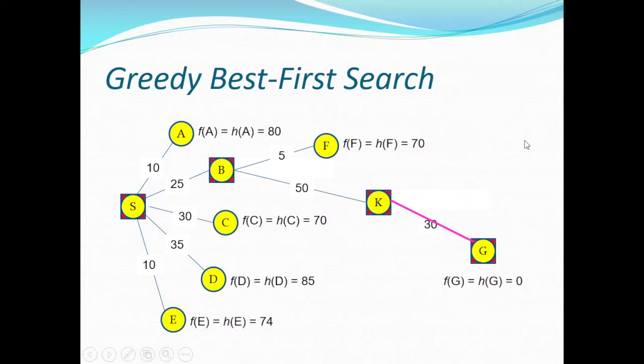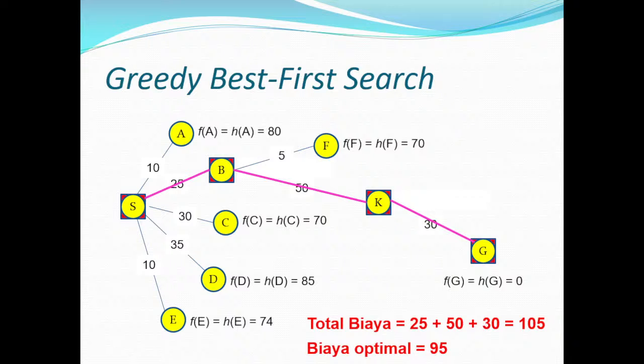The actual cost is approximately around 100. It's not optimum. The optimum one, which Mas Andy already found, is approximately around 95.